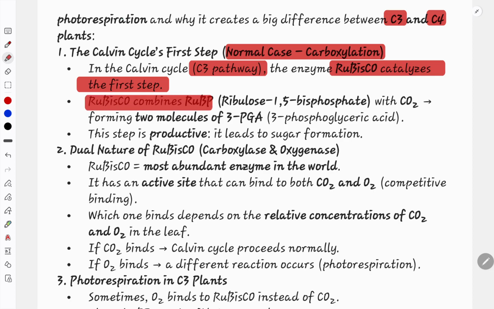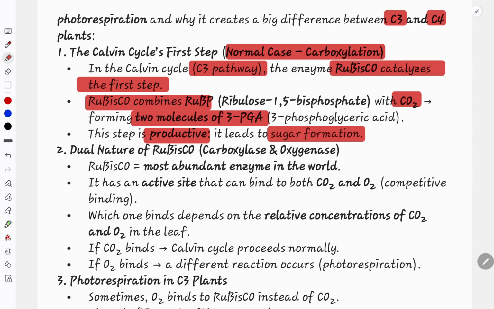Rubisco combines RuBP, that is ribulose 1,5-bisphosphate, with CO2, forming two molecules of 3-PGA, that is 3-phosphoglyceric acid, and this is productive, which leads to the formation of sugar, right?